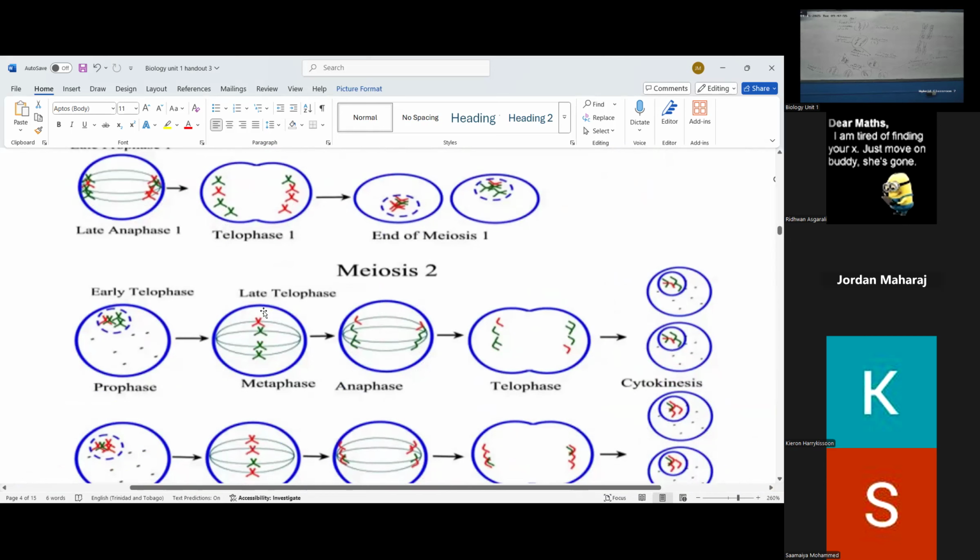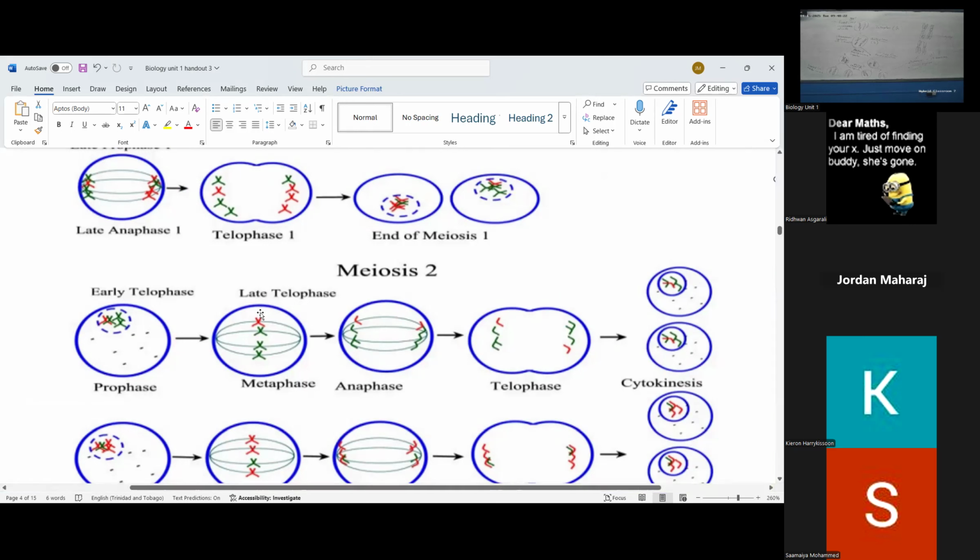Starting back with prophase, the centrioles move to the opposite ends and the chromosomes thicken, and then we enter metaphase. Same thing: line up along the equator. Once you line up, they can be split apart in the next phase, which is anaphase.